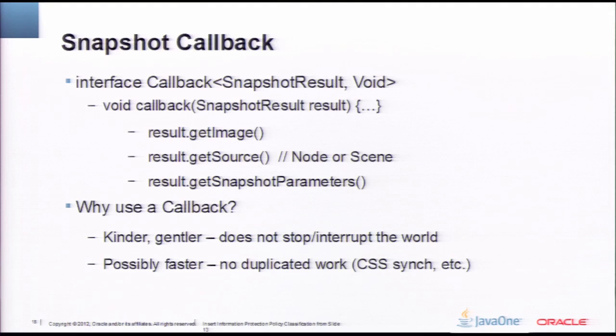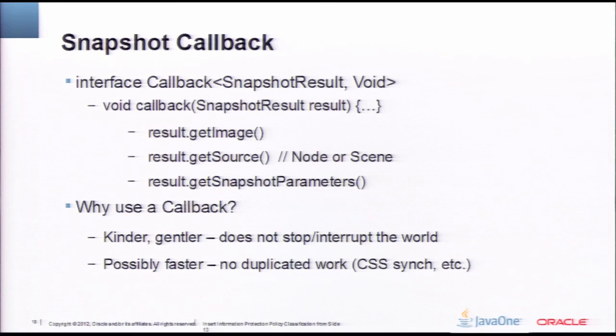The source and snapshot parameters are just there in case you ran several of these and you need to figure out which result is being returned, although typically you're only going to have one outstanding at any given time.